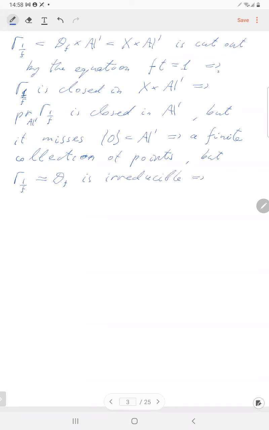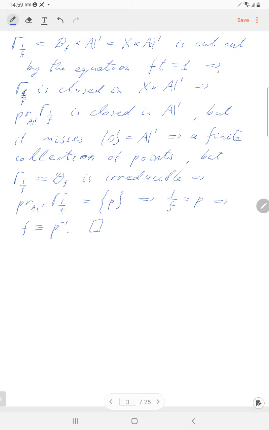And hence this projection of the graph is just a single point, I don't know, p. And hence 1 over f is equal to p, and hence f is identically equal to p inverse. So f is constant. That's what I wanted to prove.